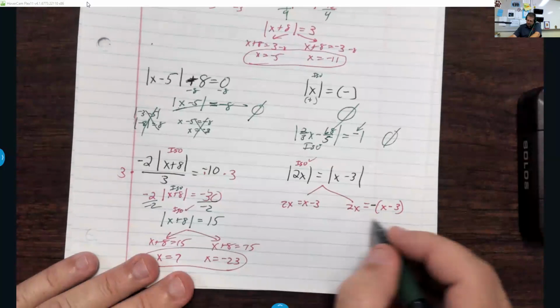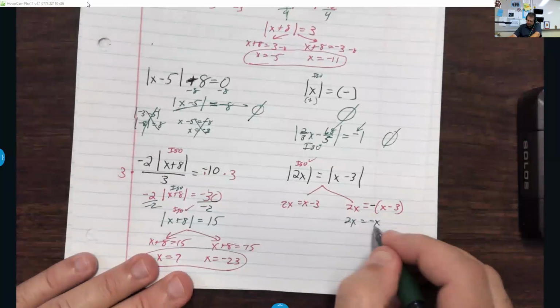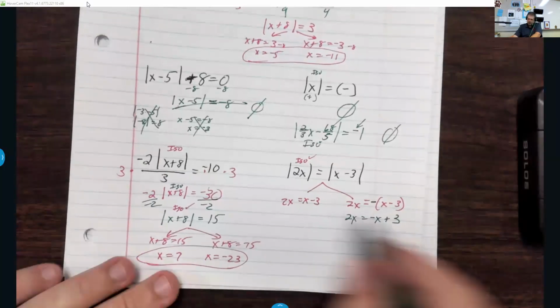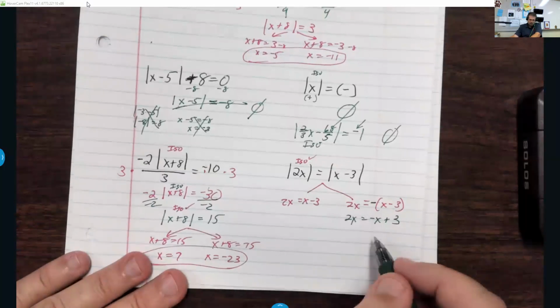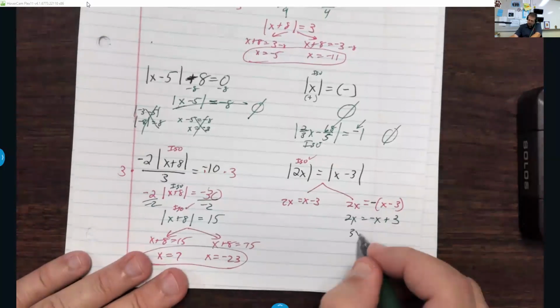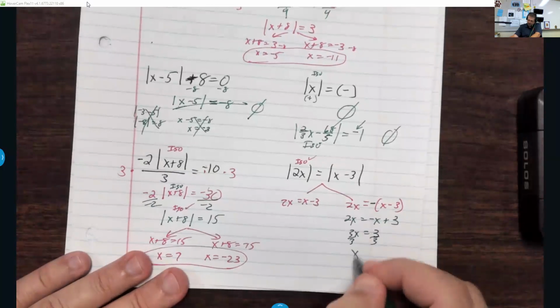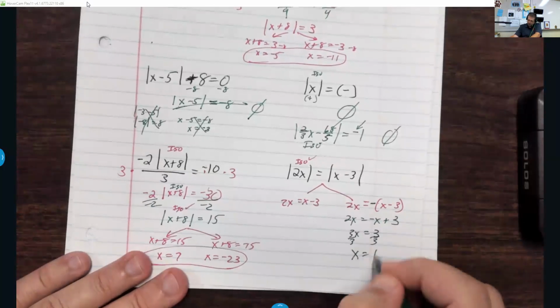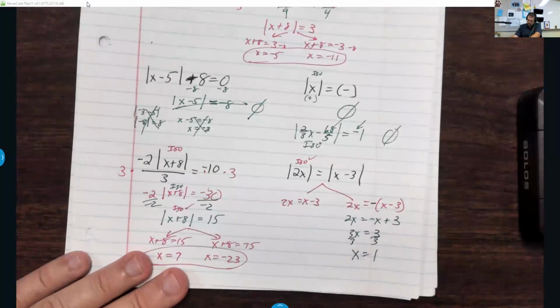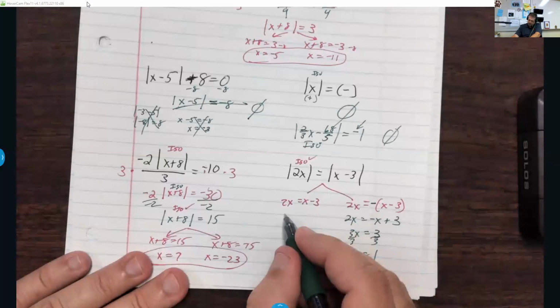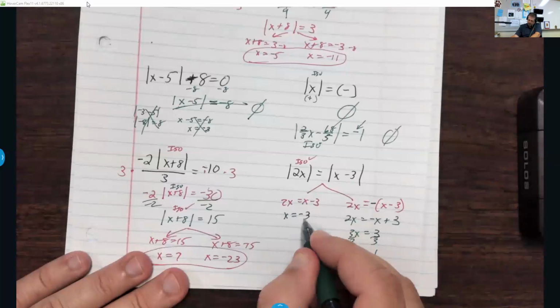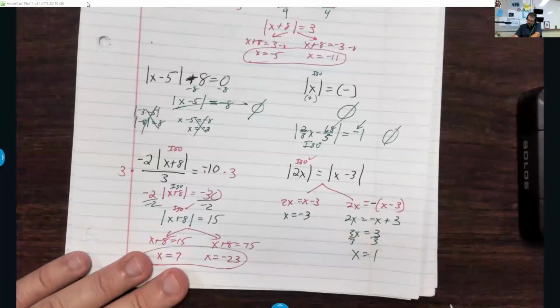So that opposite would actually be negative x plus 3. And now we solve for both. Since I'm already over here, let's go ahead and solve. This will be 3x is equal to 3. Divide by 3. X is 1. Okay. And then over here, separate. X is equal to negative 3. So I get negative 3 and 1.